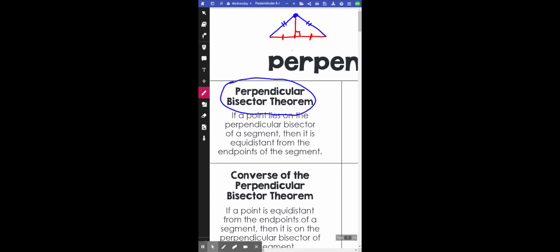If you have a bisector that cuts a segment in half, giving you equal parts, then anywhere on this bisector, anywhere, you can attach a point like that one, and you connect it to the end of that segment that you just cut in half, and you're going to create equal sides.